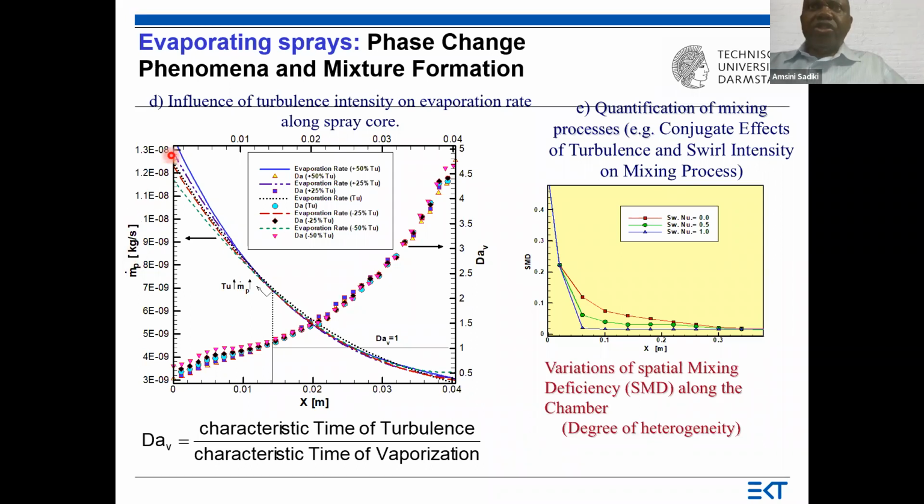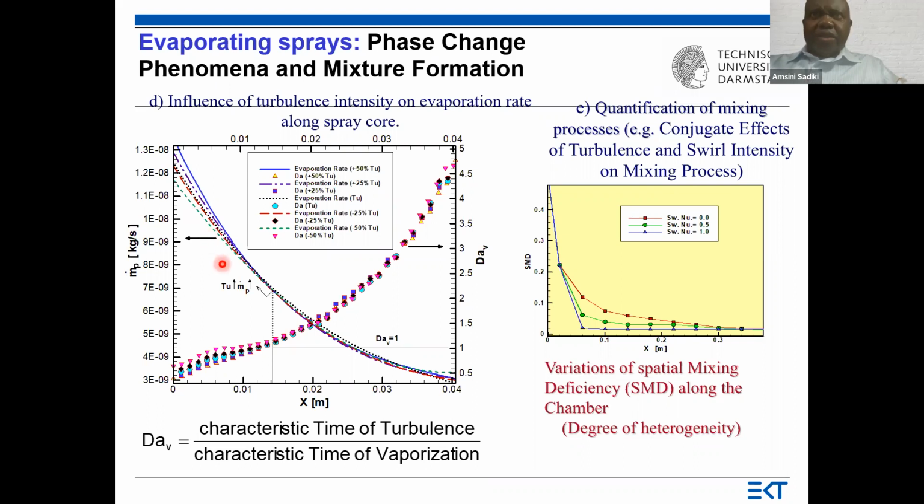So we have first the evaporation rate for 50% turbulence intensity, and then we change the intensity of this, and we see that we have the effect, we have an influence of the turbulence intensity on evaporation rate.